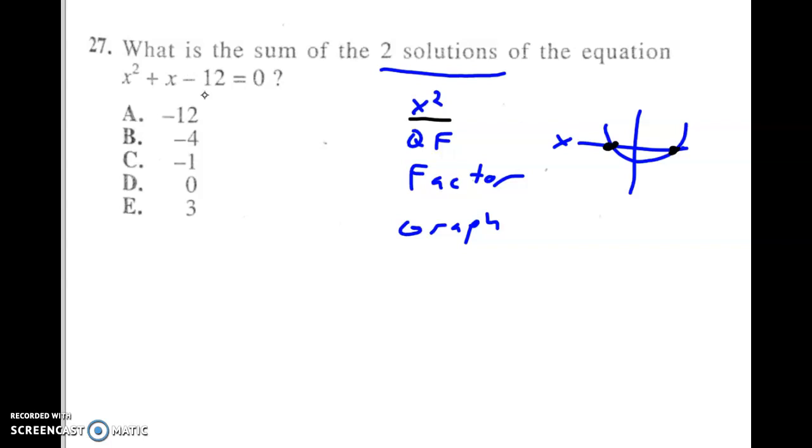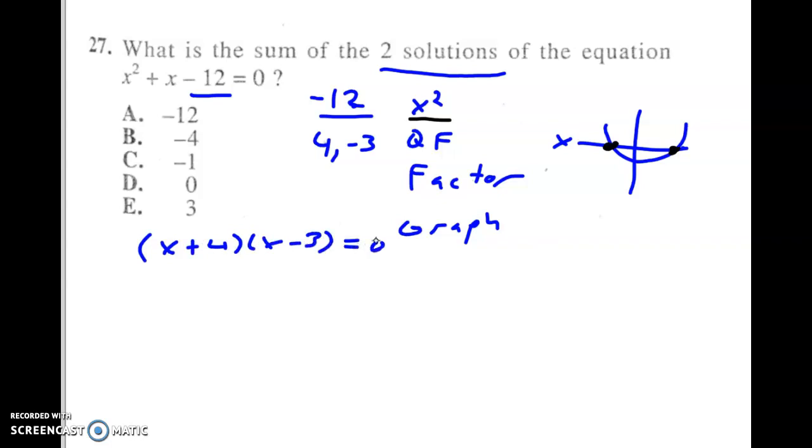All right, so for this particular one, if we factor, it has to multiply to minus 12 and add up to 1. And so it's going to be 4 and 3, where I think if the 3 is negative, then it'll add up to positive 1. So this thing will factor to x plus 4 times x minus 3. Okay, and so we keep it equal to 0.